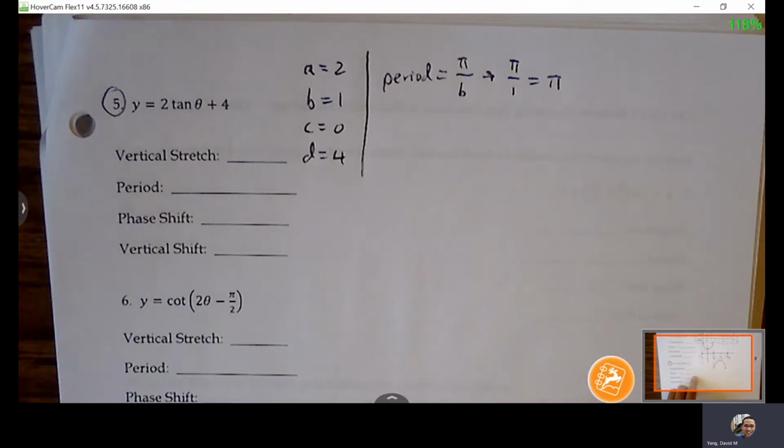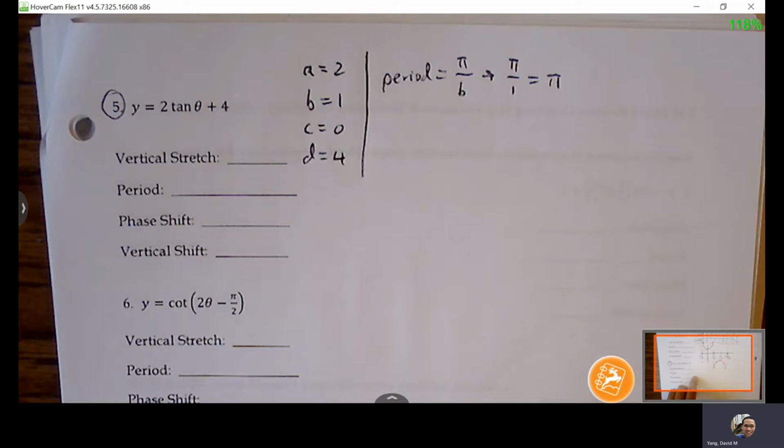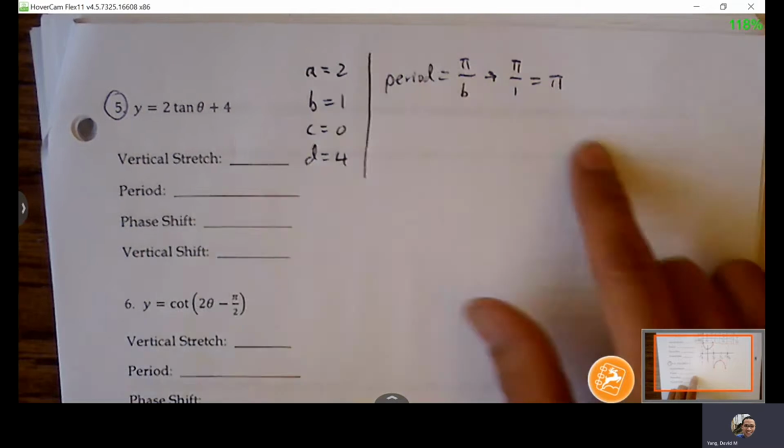It looks like for number 5, your period is going to stay as pi because there's not going to be a b value that changes it.